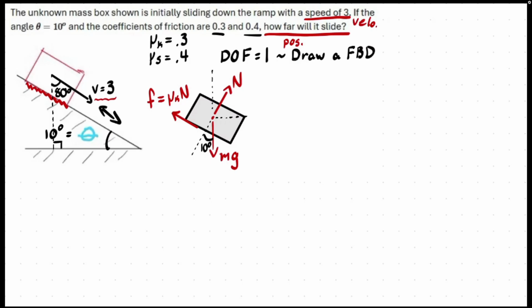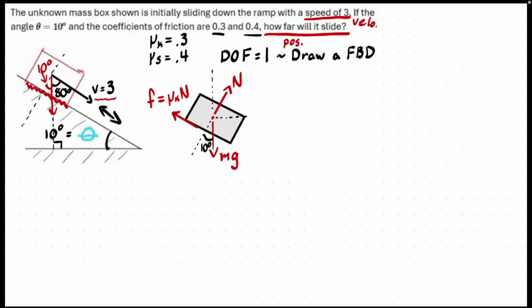And then since our gravity is acting in this downward direction, and we're looking at this angle right here, since this is also 90 degrees, this angle has to be also 10 degrees, just another interior angle there. So that's how we got that angle.